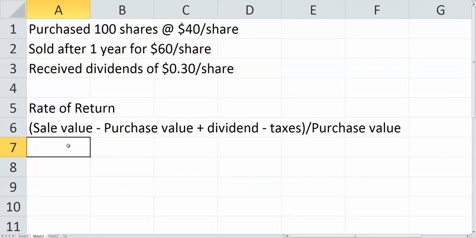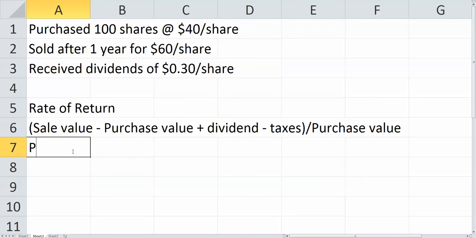Now I could do this on a per share basis, like just work with the $40 and the $60 and the 30 cents, or I could multiply everything by 100 and work with those values. I think a lot of people like to see it done the second way instead of working with per share value, so I'm going to do it by using total value.